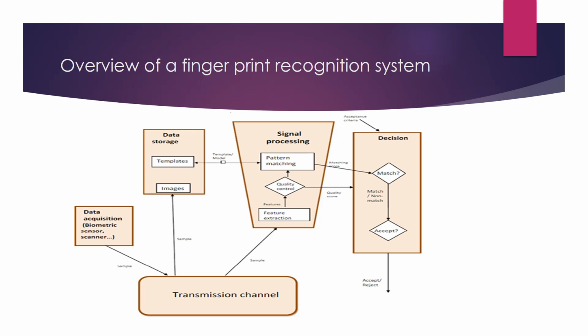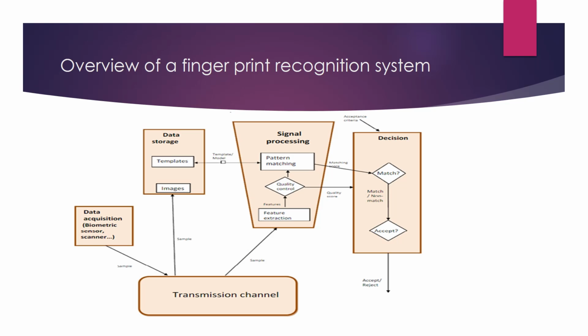So this is an overview of a fingerprint recognition system. The data acquisition system can be either a sensor, a scanner, a camera, a picture of a fingerprint, etc. This input fingerprint is then fed to the signal processing unit for pattern extraction, and in this case it is the minutiae extraction.